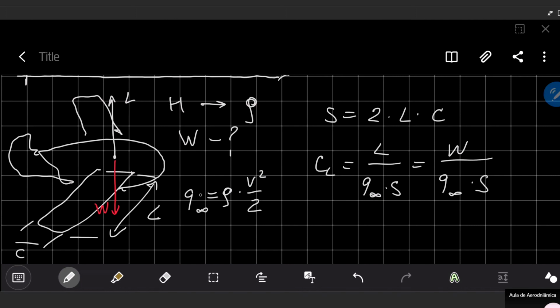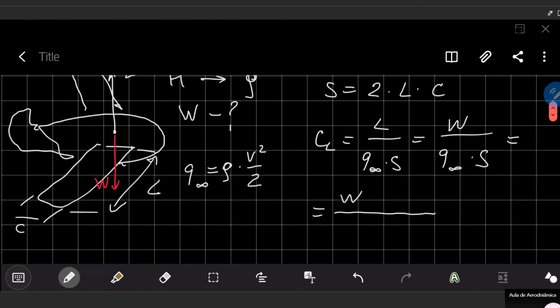So once we substitute the definition of the dynamic pressure, we will obtain something like this. Here would be the weight multiplied by 2, right? And would be density, velocity squared, multiplied by the area. And this is our CL. From here, we can just calculate the velocity.